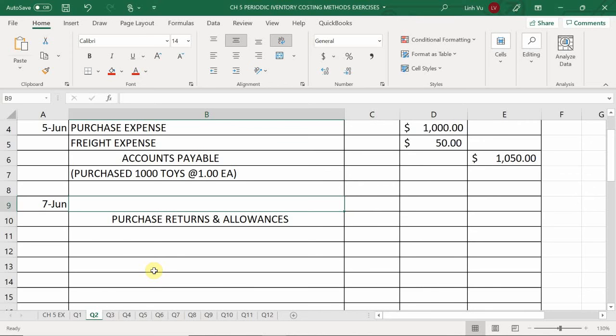If I'm getting a full refund, accounts payable. Yes, because in this case, I never paid, right? I put it on account. I owe them money. So the only option you do have is to reduce the amount that you owe, because I'm getting a full credit. Because I never paid, they're going to decrease my amount that I owe.